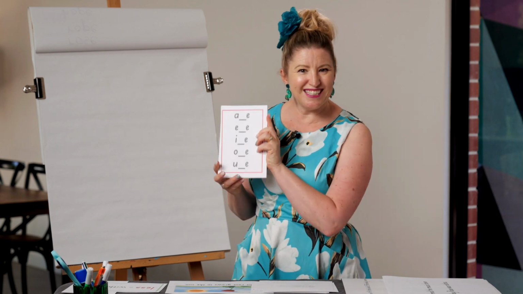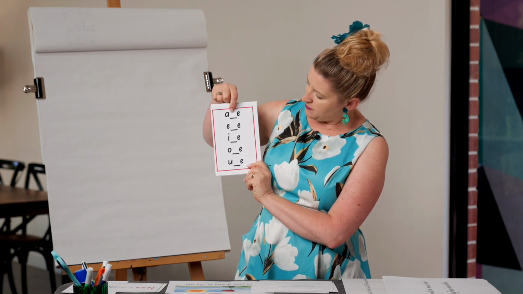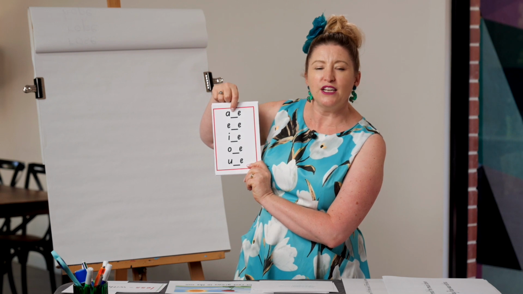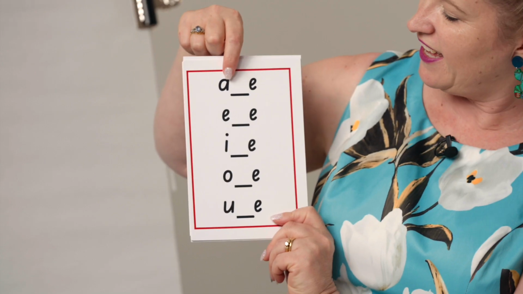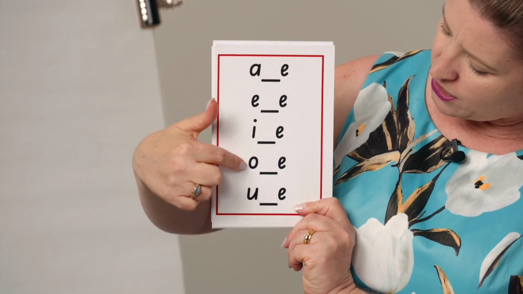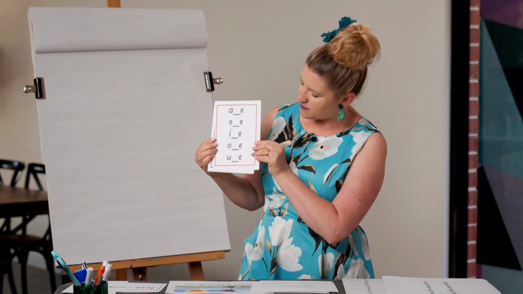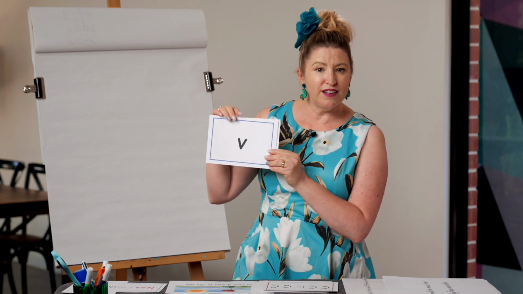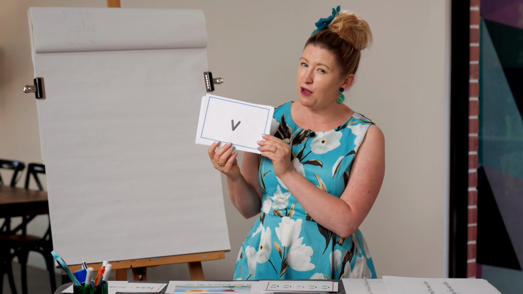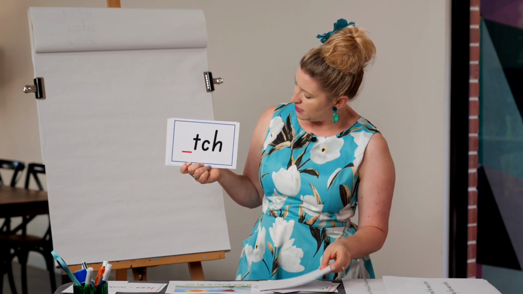Ooh, this is the one where we've got our split vowels. Let's pop in an S today. Ace, is, ice, O's, U's. Did you get them all? A little bit of fun. V, no English word ends in a V, must be followed by an E. A, end of words.